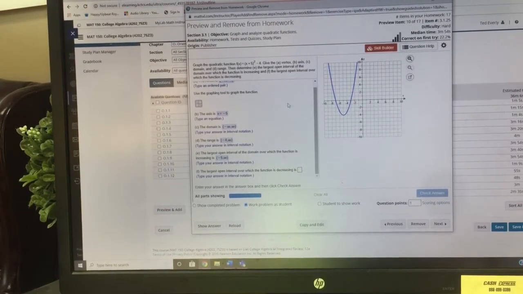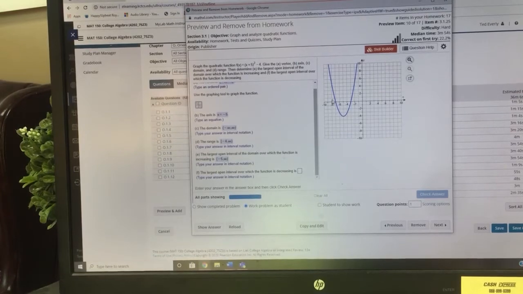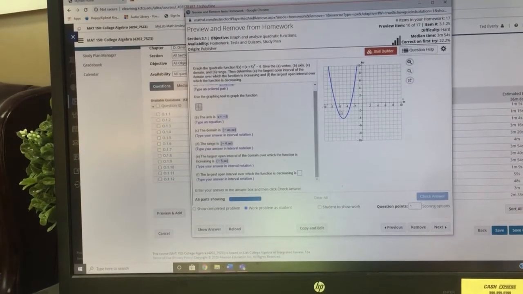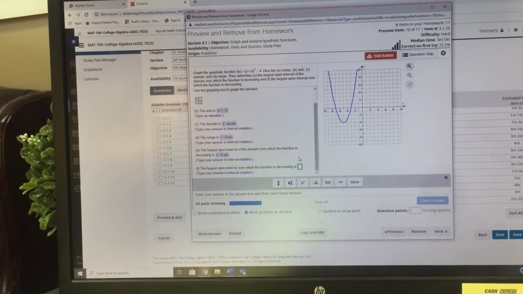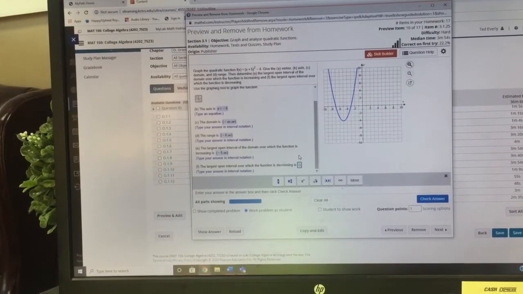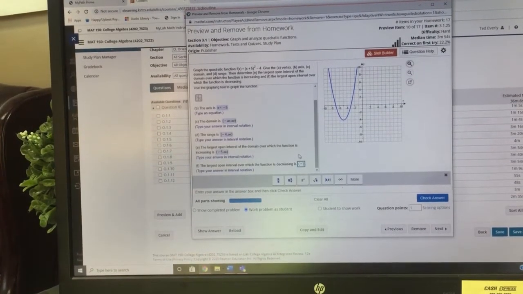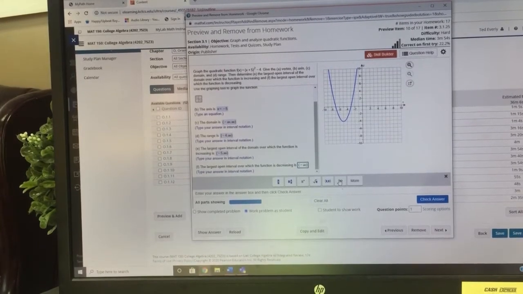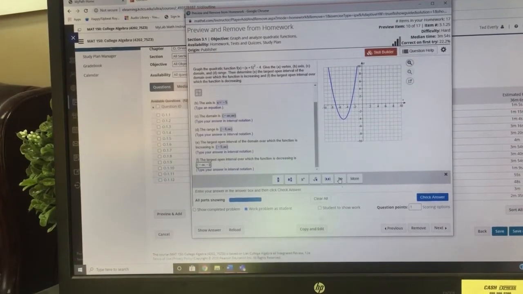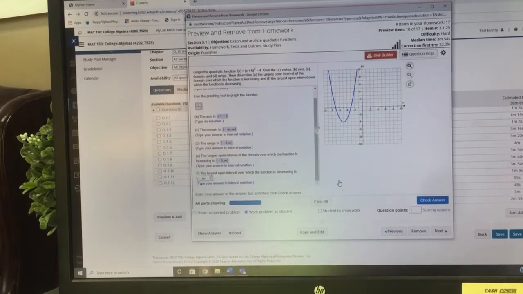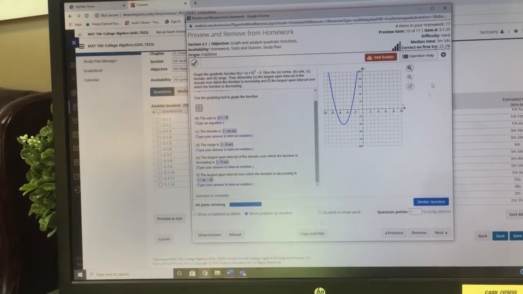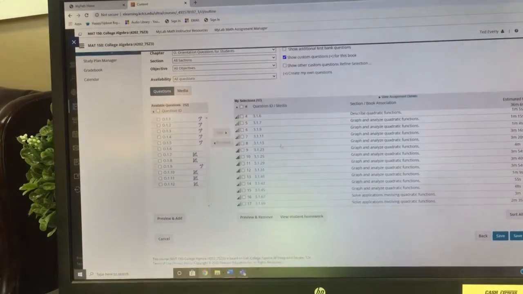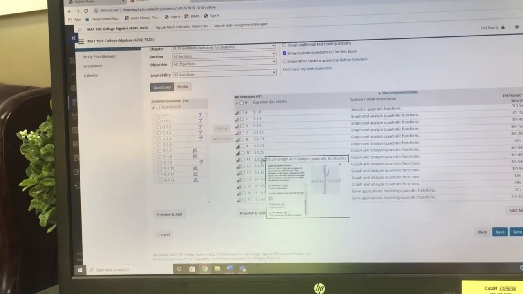It starts at negative infinity way over here, and it goes all the way to negative 5. So negative infinity to negative 5. Okay, and there you go. Question is complete. All right, 11.